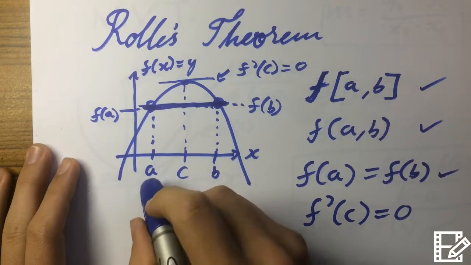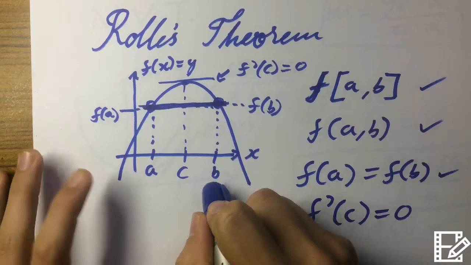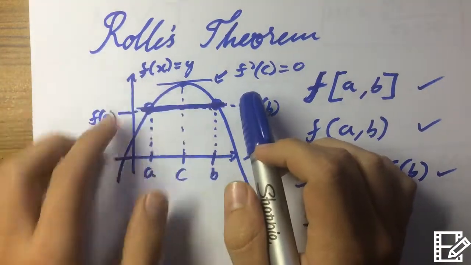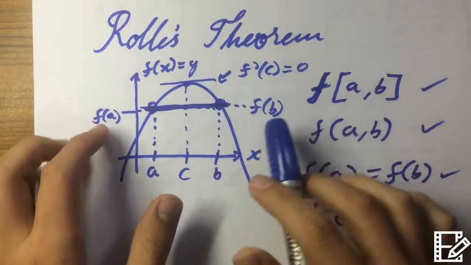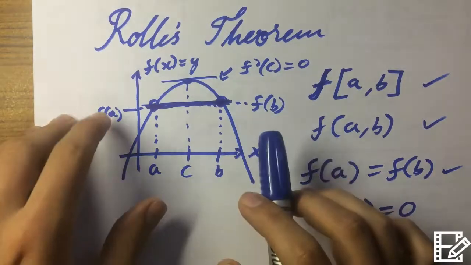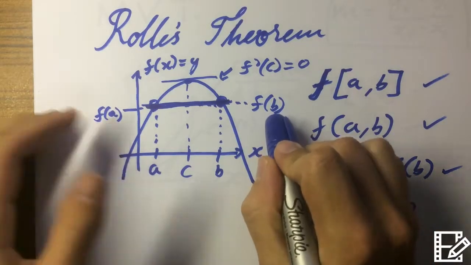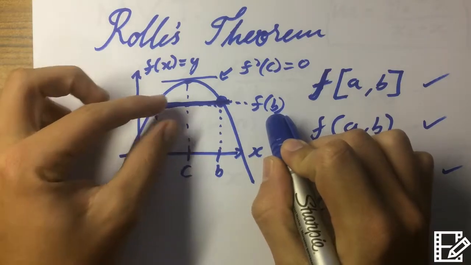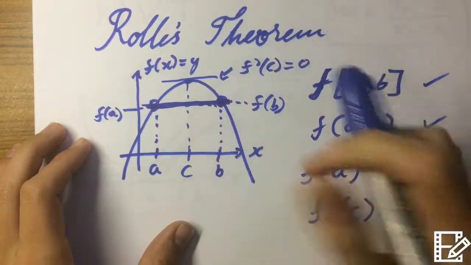So here you have a point a and a point b. When you sub them into the function, you get their y values, which is f of a and f of b, essentially the y value that corresponds with a and the y value that corresponds with b.